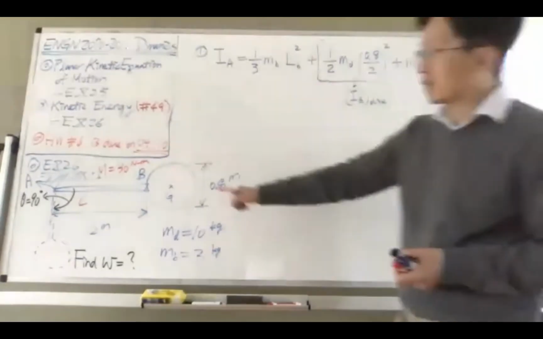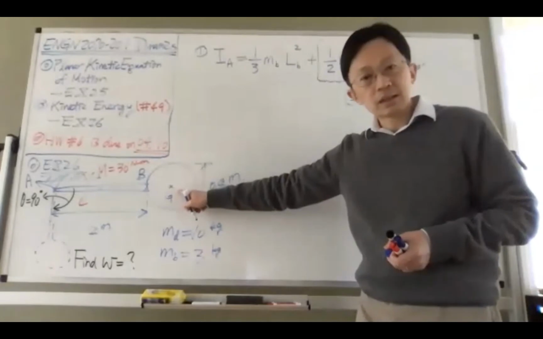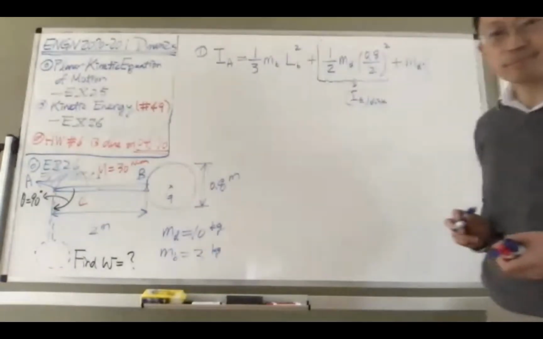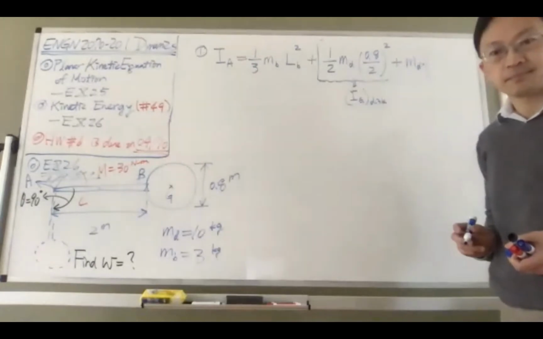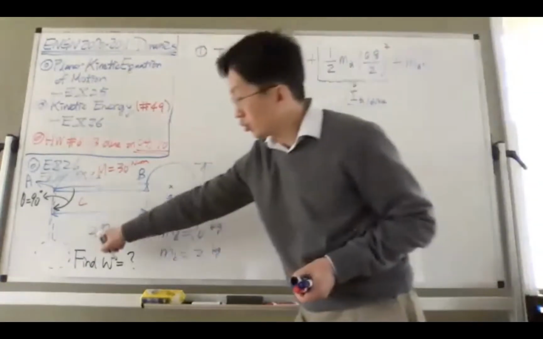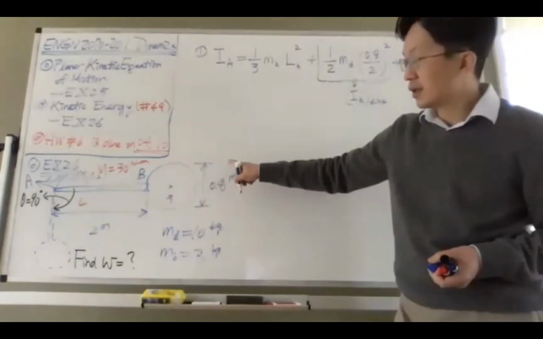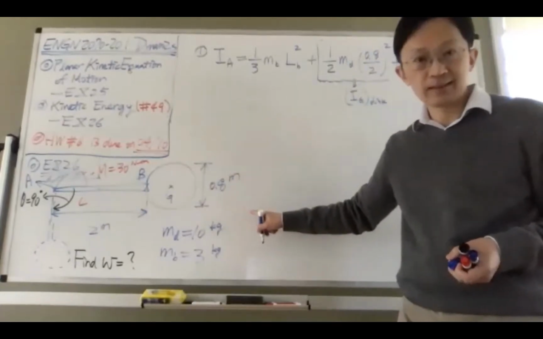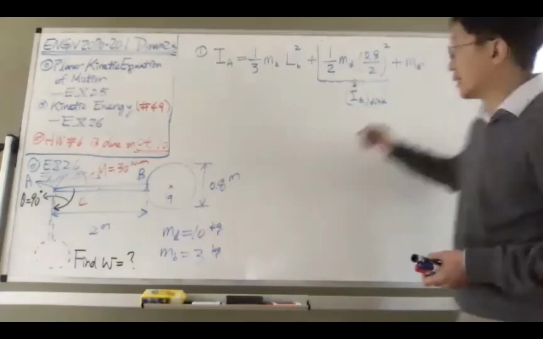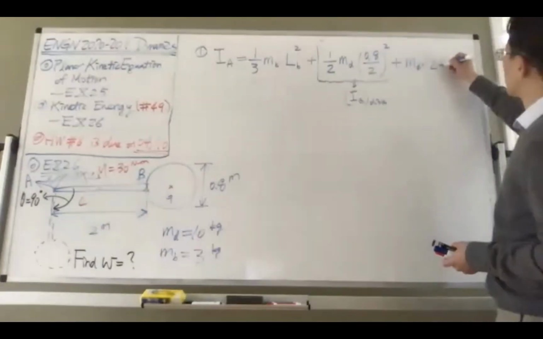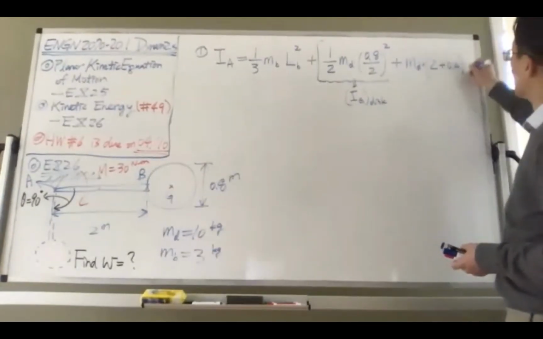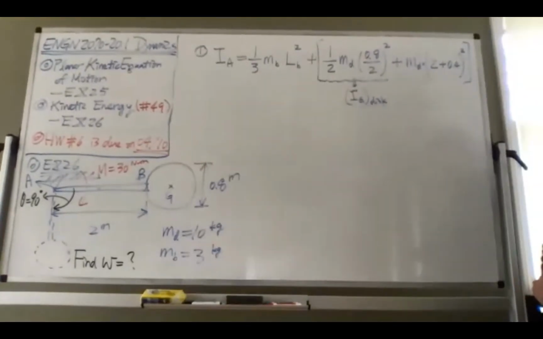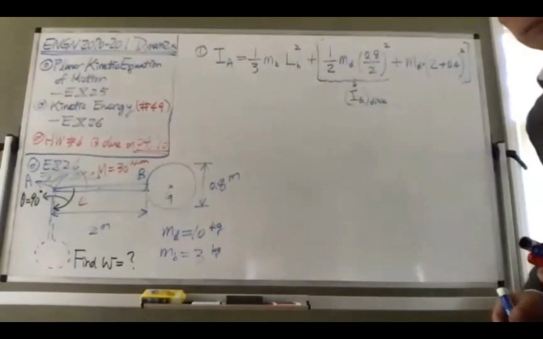What's the distance from the center of gravity of the disk to the center of rotation in this problem? That's going to be 2 plus 0.8 divided by 4. So that's 2 plus 0.4, correct? So here it is (2 plus 0.4) squared. And that's this result.